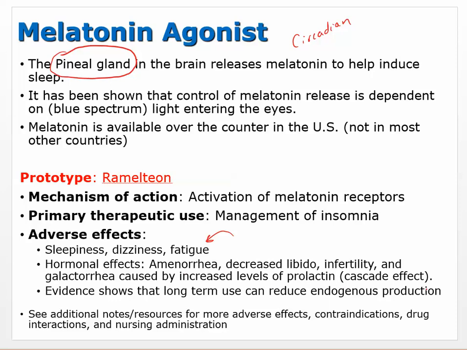If you take melatonin every night, then at some point your pineal gland is just going to say, okay, it looks like we're not needed, and so it will stop producing as much. So it's almost like, not an addiction, but a tolerance type of effect that can happen with it.